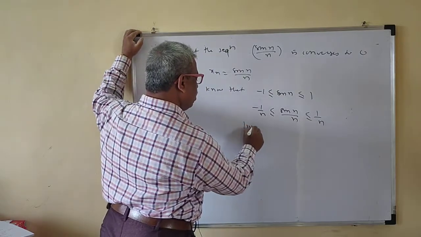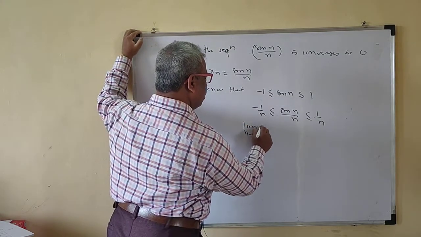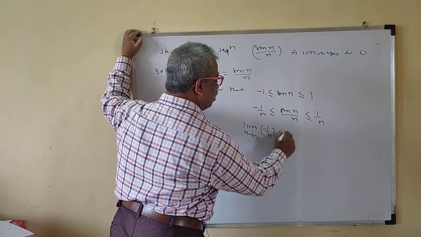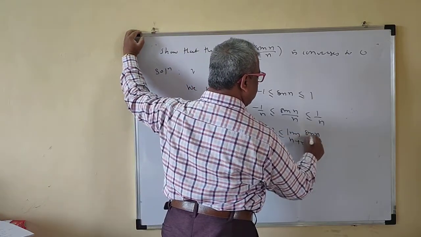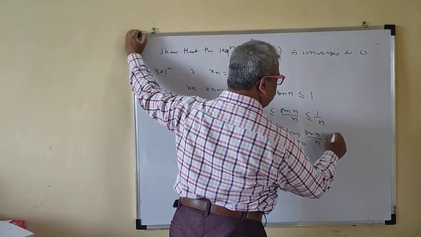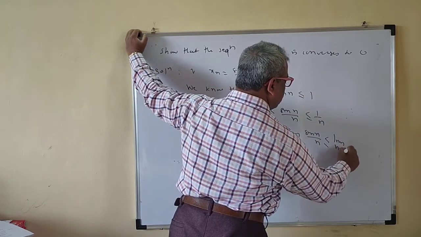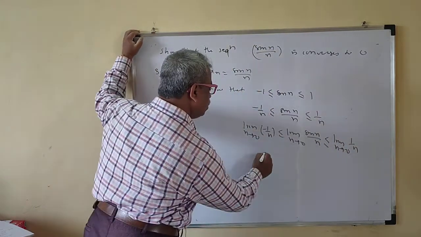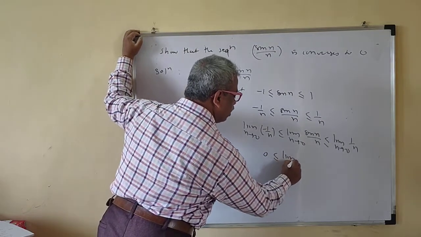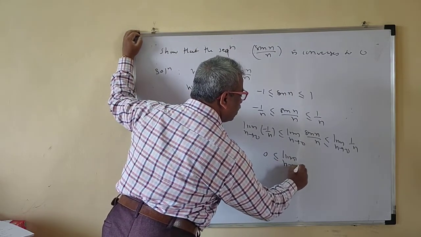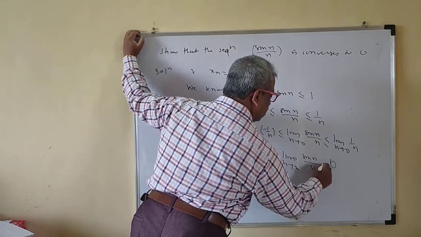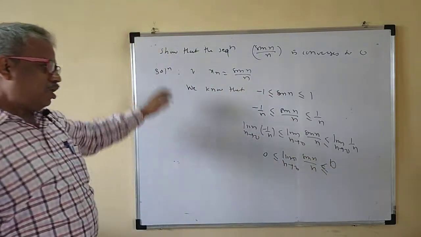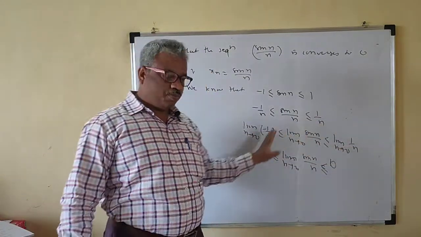The limit as n tends to infinity of minus 1 upon n is 0, and the limit of 1 upon n is 0. So both the limits exist.